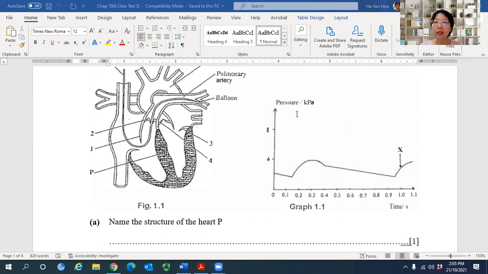So you already learned in theory that there are two factors that affect the pressure, either in the chamber or in the blood vessels, right? So can you tell me what are the two factors that affect the pressure in the chamber or in the blood? Jia Ying?